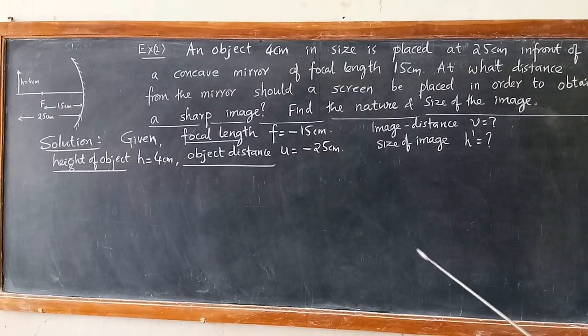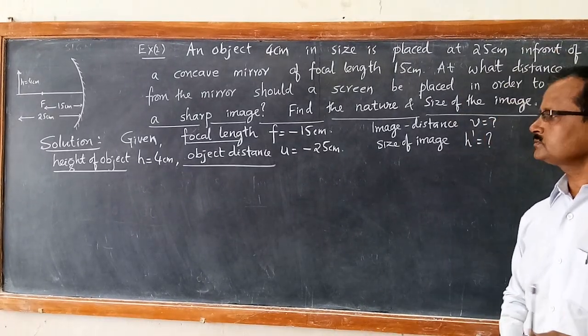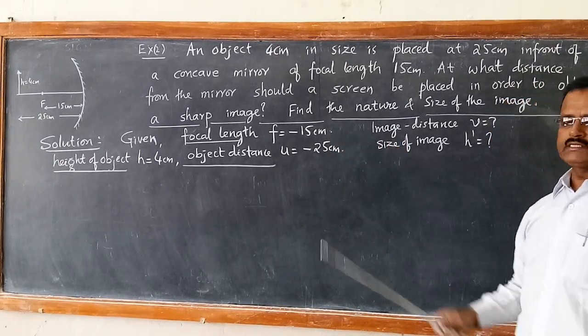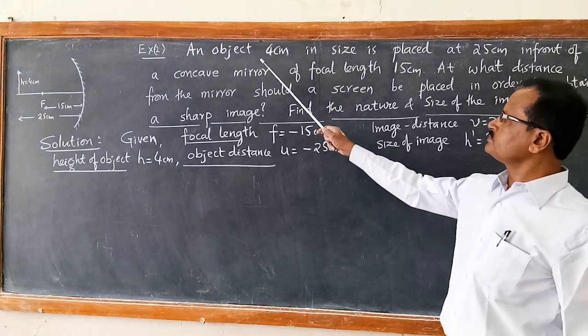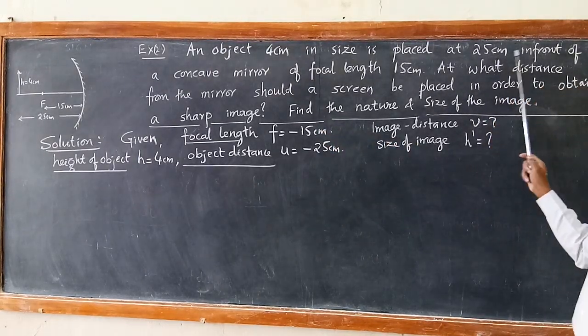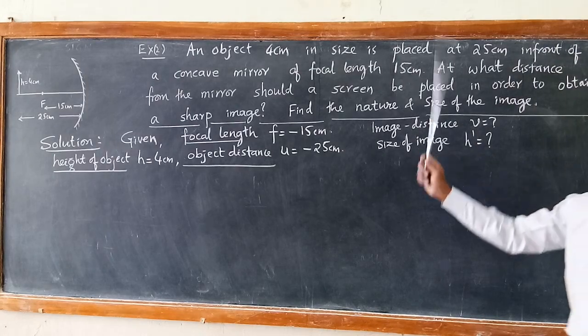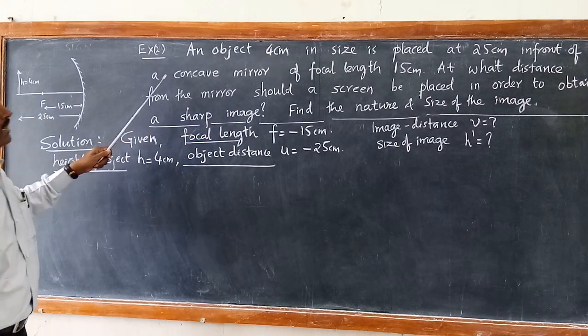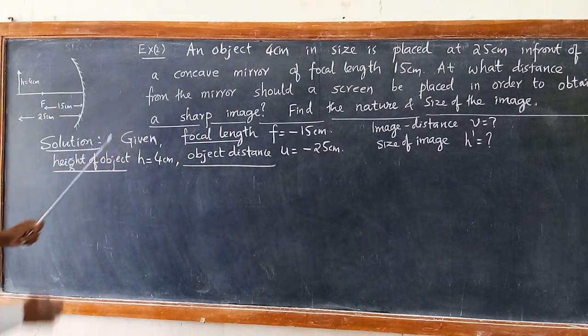Let us see the second example. An object of size 4 cm is placed at 25 cm in front of a concave mirror.